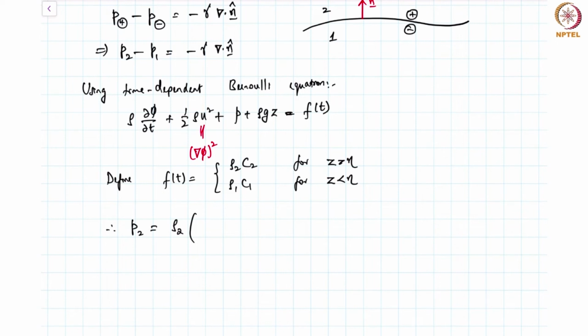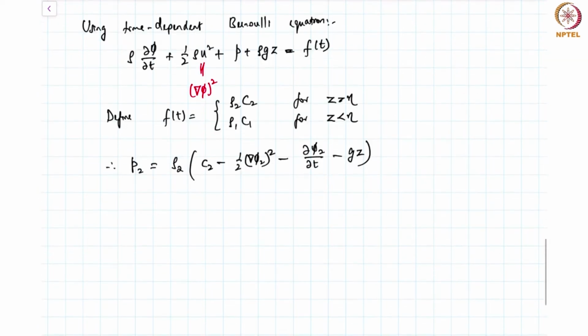I've included the density so that I can bring the density out when I write down the expression for the pressure. So that is C2 minus half gradient of this quantity grad phi whole square, that's the time dependent part, minus gz.